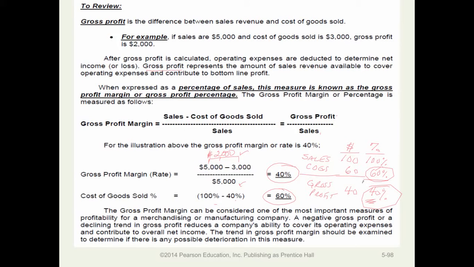So, for example, if you look at our sample company with $5,000 in sales versus a company with $100 in sales, you might think, wait a minute, this company's gross profit is $2,000, so it is operating at a higher profit margin, and it's absolutely not true, because even the company with the $100 sales level is operating at a 40% gross profit margin.